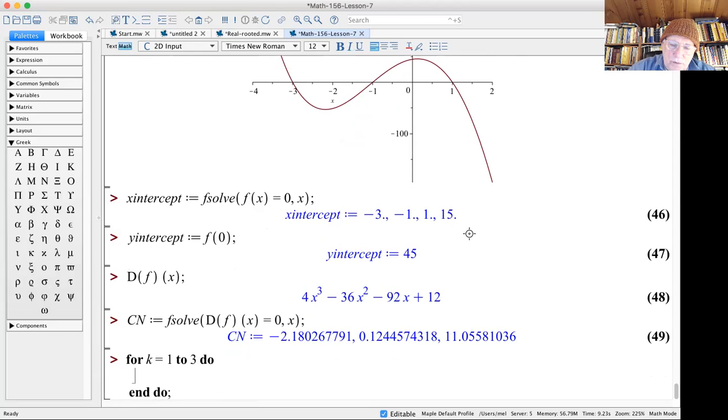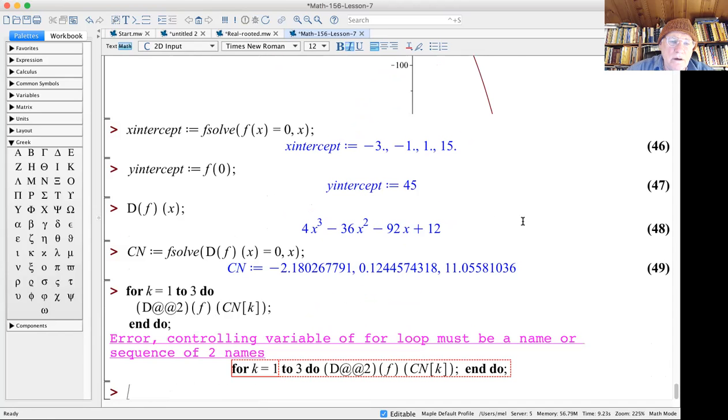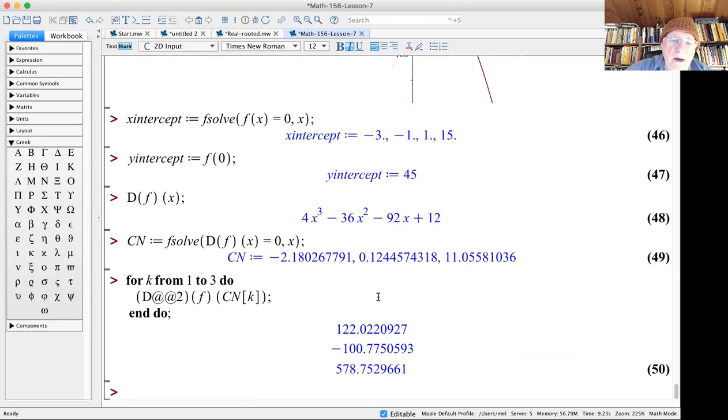And what I want to compute is the second derivative of f evaluated at the kth critical number. For k from 1 to 3 do. There we are. Aha. Positive, negative, positive. So where the second derivative is positive, you have a local minimum.